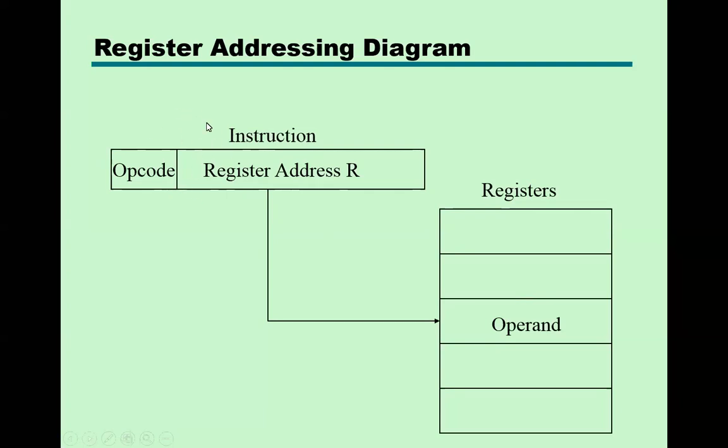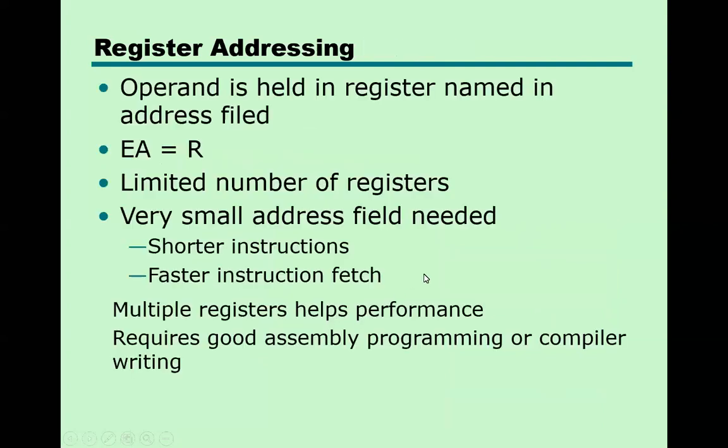Even in assembly language programs, you will find they mainly use this kind of register addressing, in which you will find the instruction is there as well as the register addressing. So here the register address is given, the operand is stored in the register, and this instruction points to that operand.